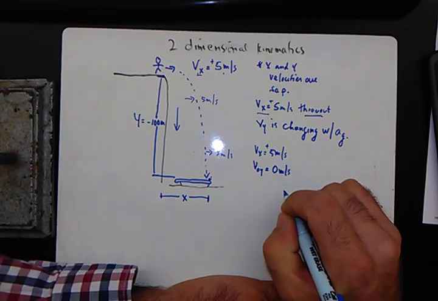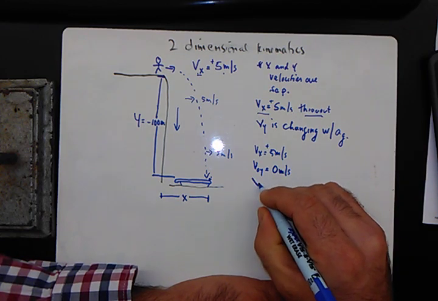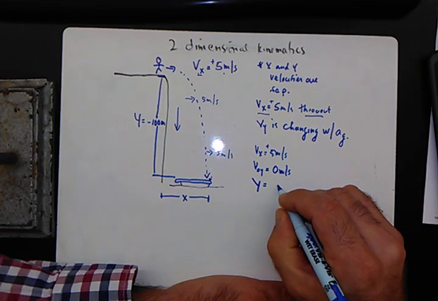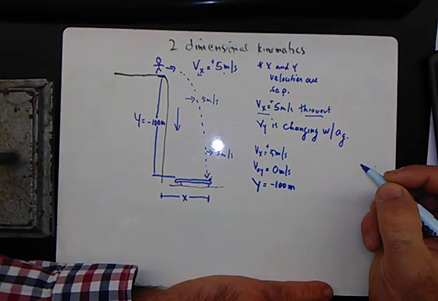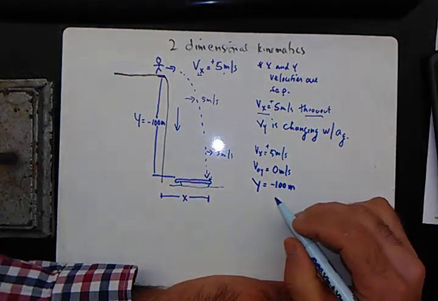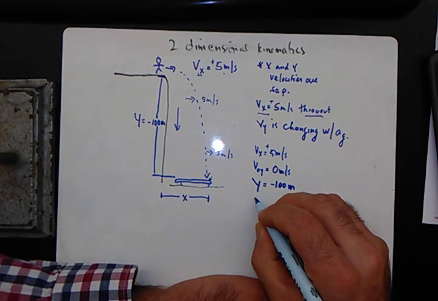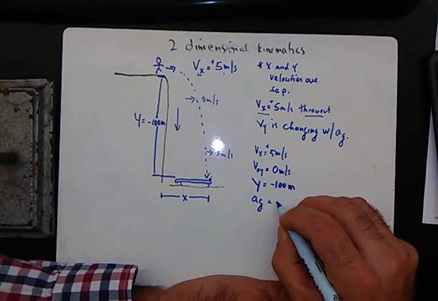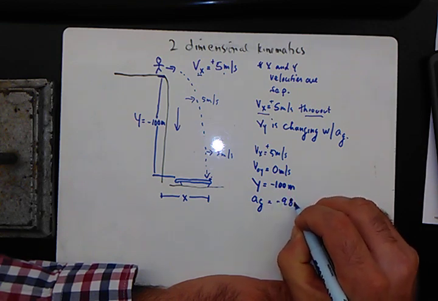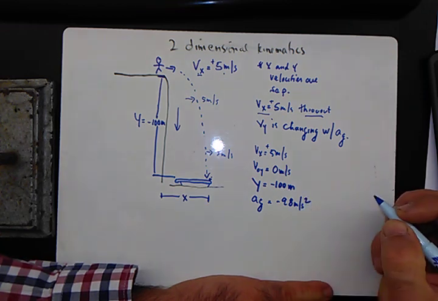We know that the y displacement is negative 100 meters. We also know that the acceleration of gravity is negative 9.8 meters per second squared.